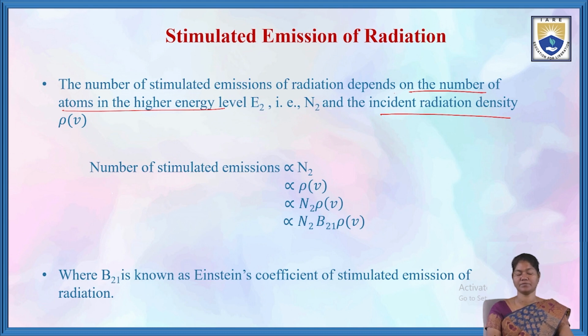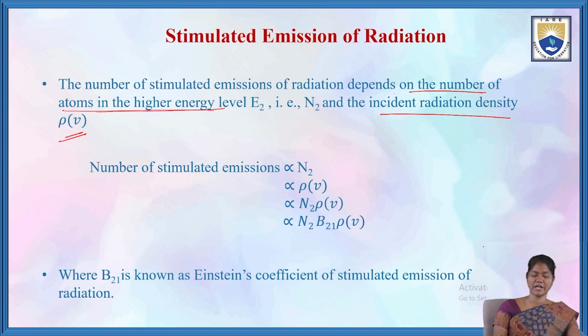So the number of stimulated emissions of radiation depends on the number of atoms per unit volume in the higher energy level E2, and also the incident radiation, rho nu.